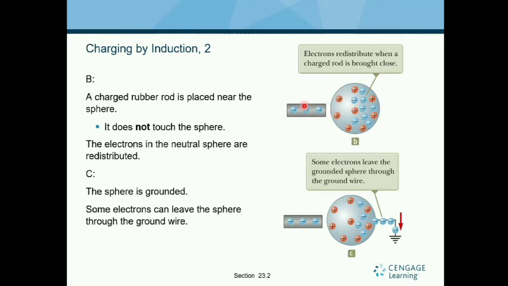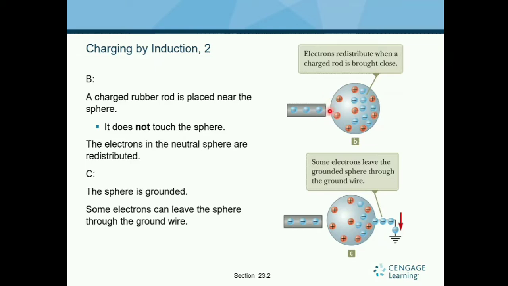Originally, we have this material with the same distribution of positive and negative charge. Then we place a charged rubber rod with negative charge, and this negative charge will force the negative charge, or electrons, inside the sphere to move far away from this end.